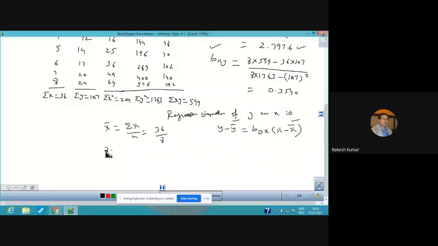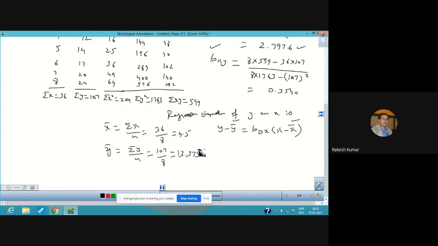Similarly, y bar is sigma y upon n, that is 107 upon 8. So we get the mean values: 36 upon 8 comes out to be 4.5, and 107 divided by 8 comes out to be 13.375.